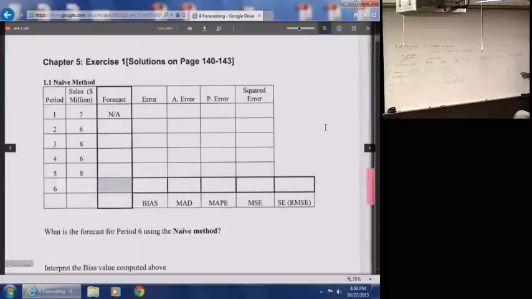The third number? -2 squared is 4. Disregard all the signs because square is gonna give you a positive number no matter what. Last number, again, it's gonna be 4. You got squared errors and then you average them. So it's 1 plus 4 plus 4 plus 4 is 13, divided by 4, that's 3.25.